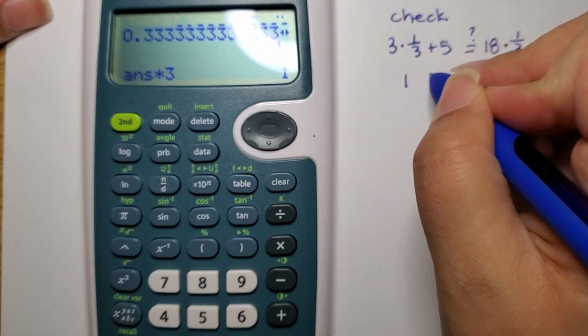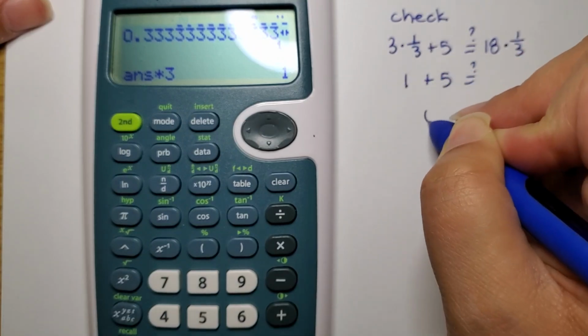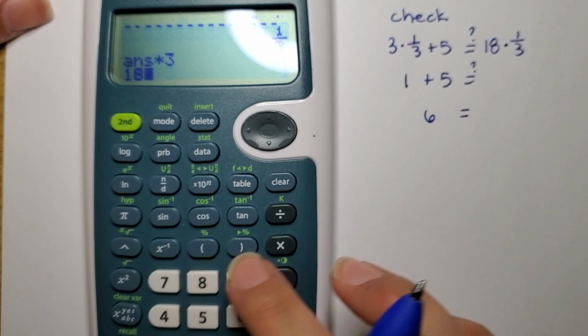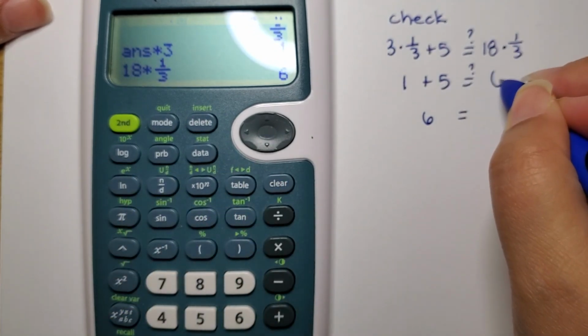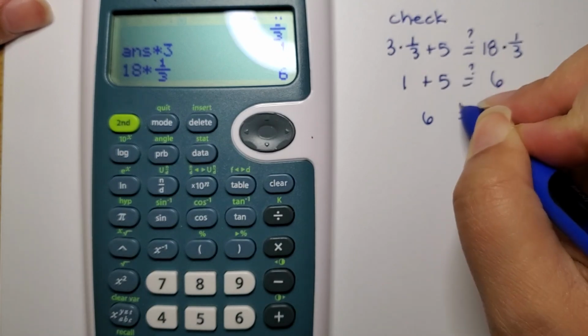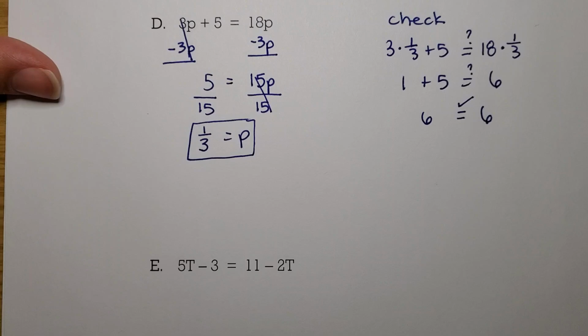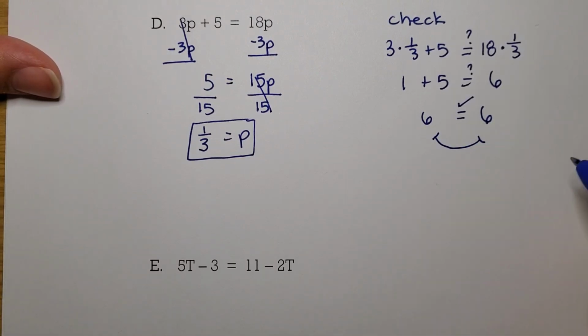It's going to give us a 1. 1 plus 5 is 6. Over here we have 18 times 1/3, which is 6. And 6 is equal to 6. All right, excellent. Guys, look. It's a happy face.